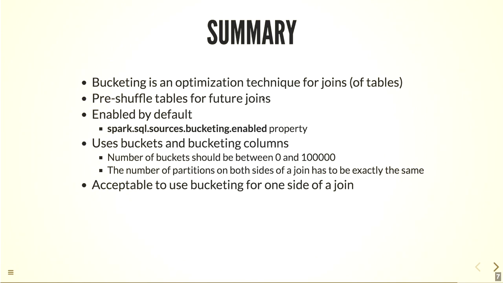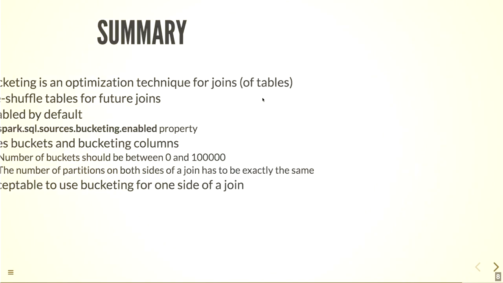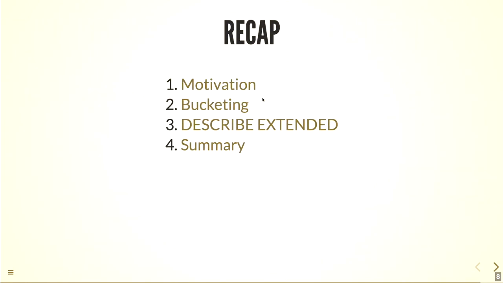And what's more important is that it's acceptable to bucketize just one side of a join, to get rid of just one exchange, okay? That's fine too. So you can bucketize both sides of the join or just one. And that's it about bucketing support in Spark SQL.